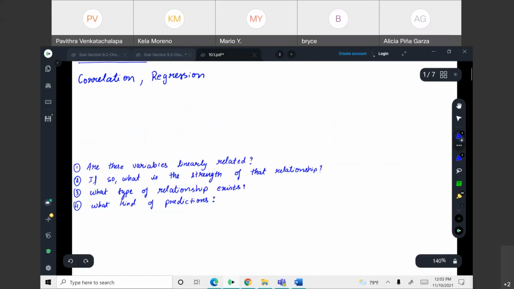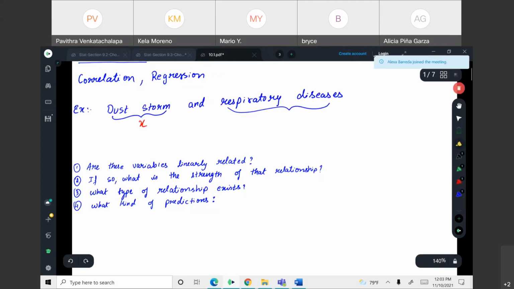questions. Now, let me say that I'm going to do a survey on dust storm and respiratory diseases. Okay, now I will keep this as x. This is my x variable, and this is y variable.